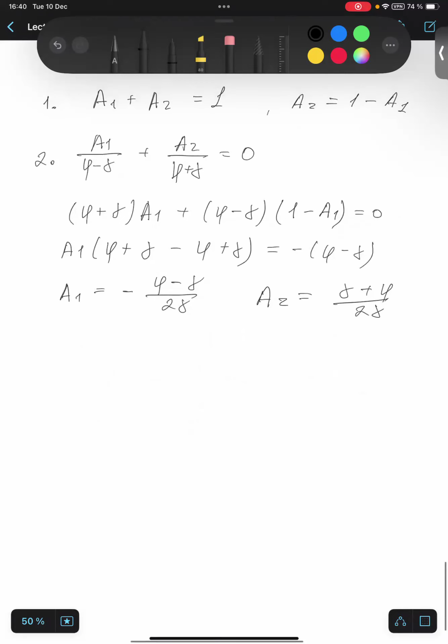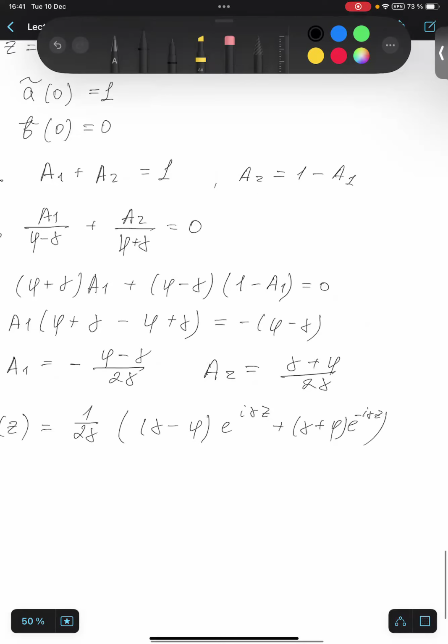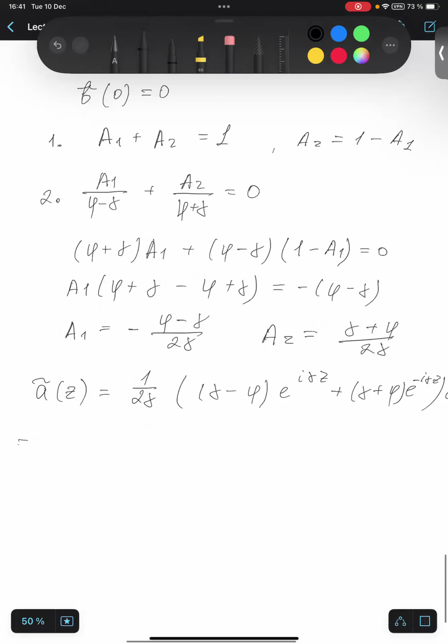Let's now substitute it into A tilde. We obtain that 1 over 2 gamma times (gamma minus phi) e^(i gamma z) plus (gamma plus phi) e^(minus i gamma z), also times e^(i phi z), equals 1 over 2 gamma.